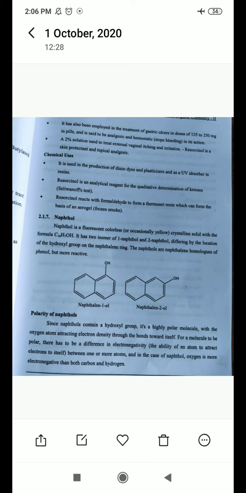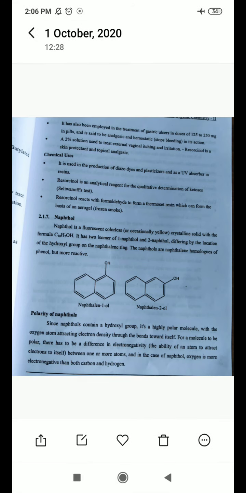For example, acetone. With acetone, you don't know whether it is a ketone, acetone, or something else. At that time you have to find out whether it is an alcoholic functional group or a ketonic functional group. For that purpose you can identify this particular ketone group with the help of Selivanov's test.